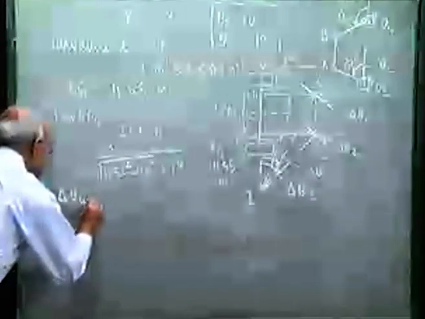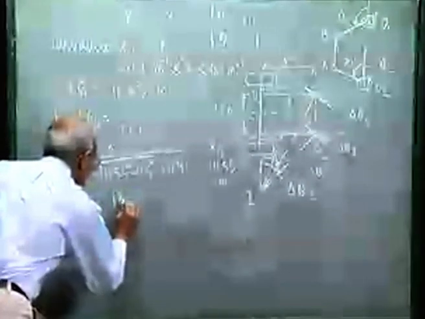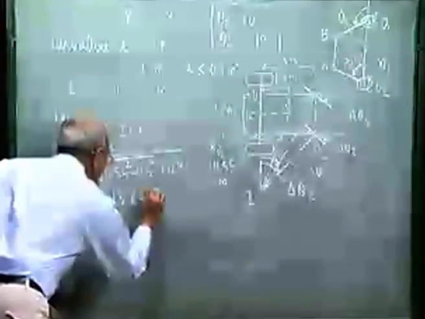If you calculate this, you will get delta theta 4 as 13.65 degrees.